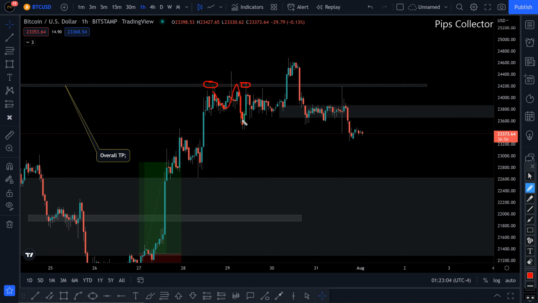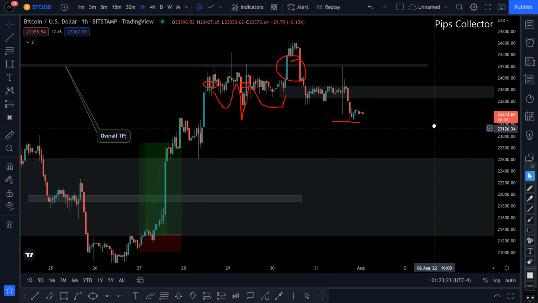As you can see, price did all of this. This you see here is completely a fake. Price did not actually go up. It just faked out, came back in, and continued this bearish momentum.